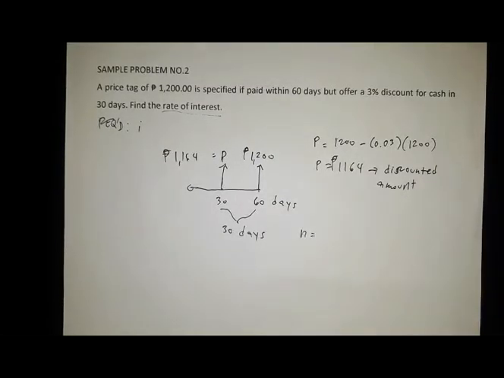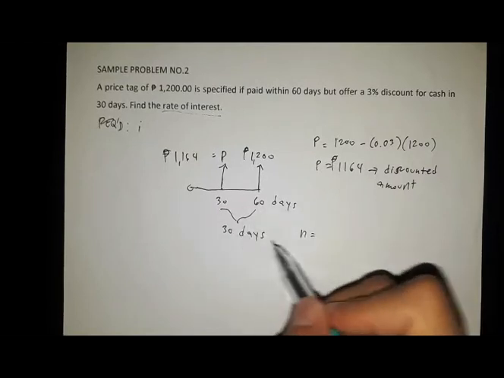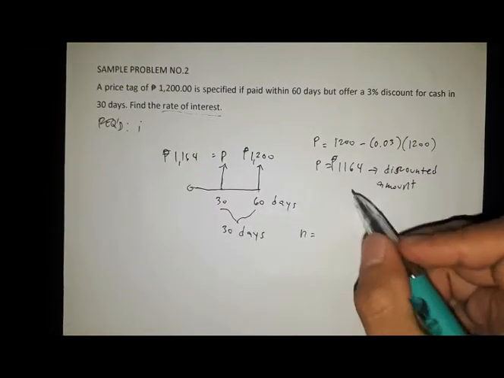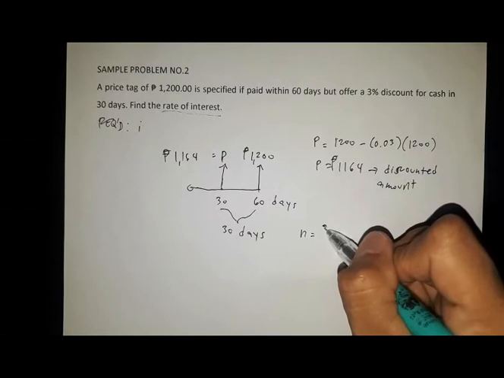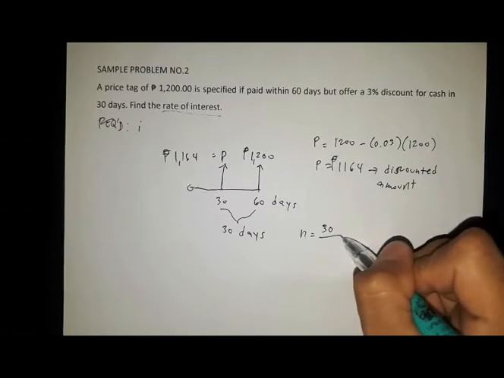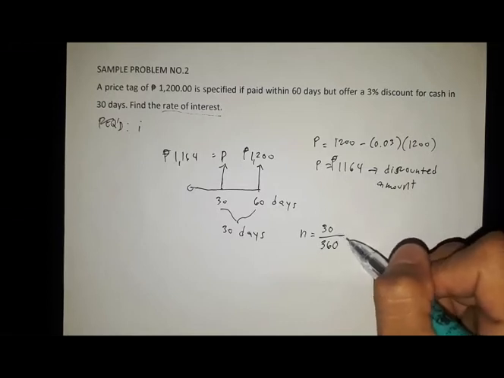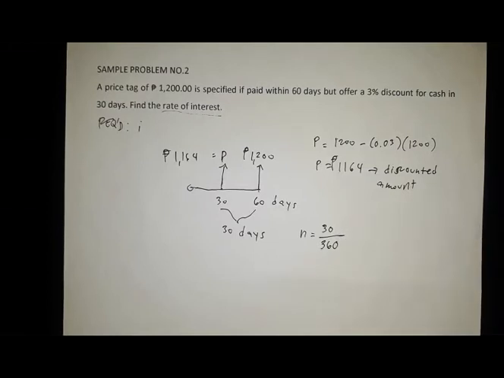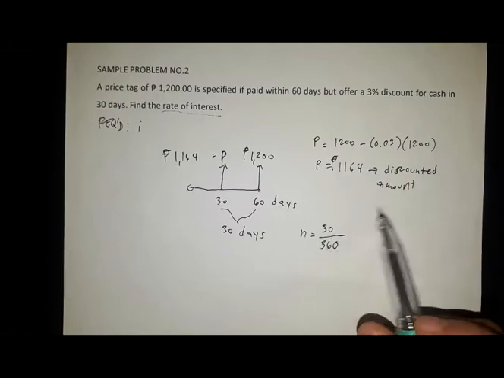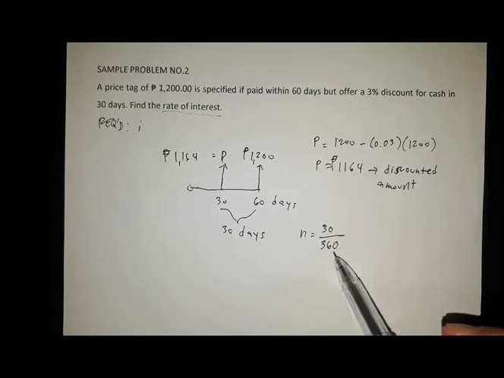To convert this into number of years, we divide 30 by 360. So why do we divide 30 by 360 and not 365?